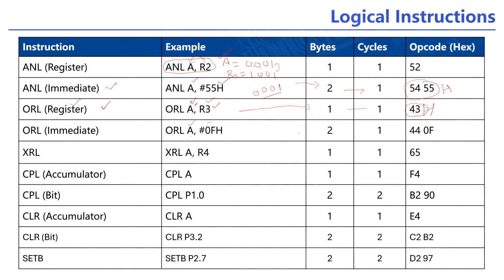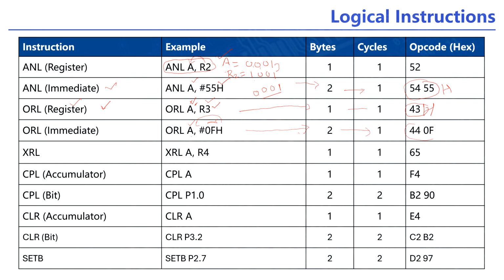This is the immediate value, means fixed value or constant value. Now the operation of the OR logic occurs here, and the answer will store in the accumulator. For this purpose, this is a 2 byte instruction and one machine cycle is required for execution of this.